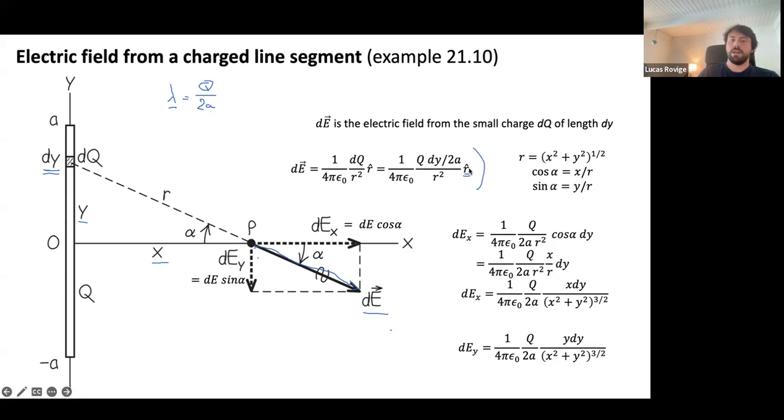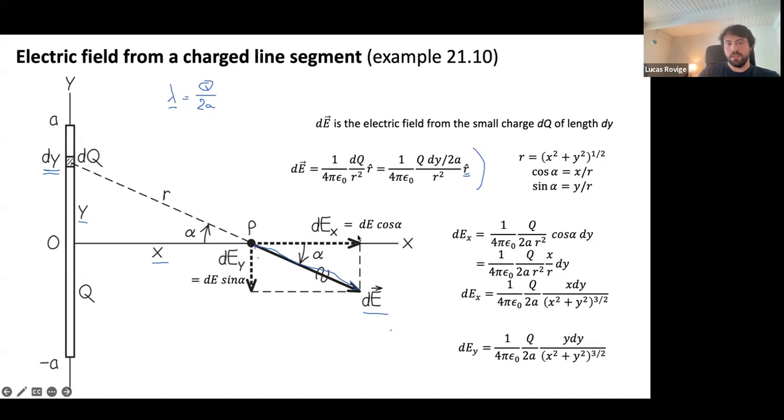cylindrical coordinates r, and so we want this as a function of x and y. So we want the contribution in Cartesian coordinates, so basically Ex and Ey.